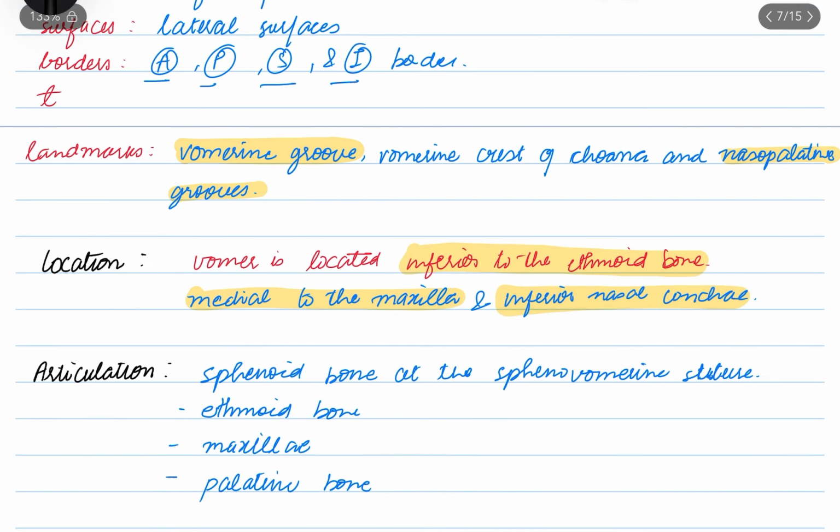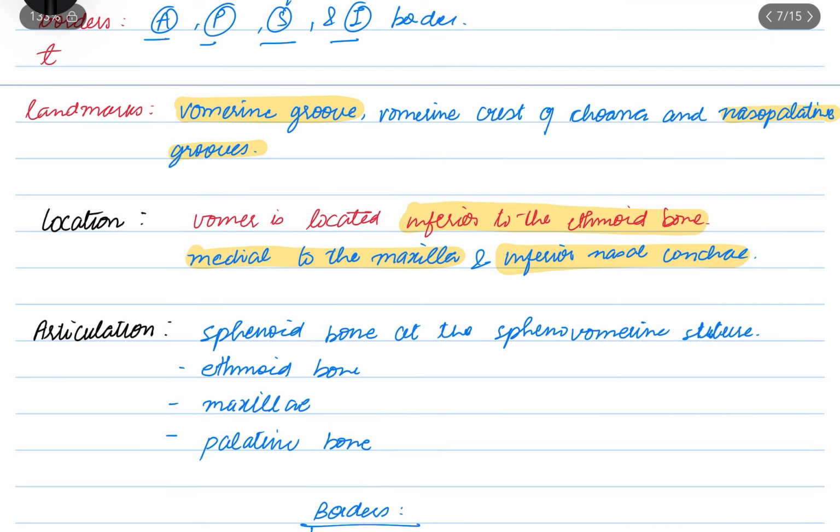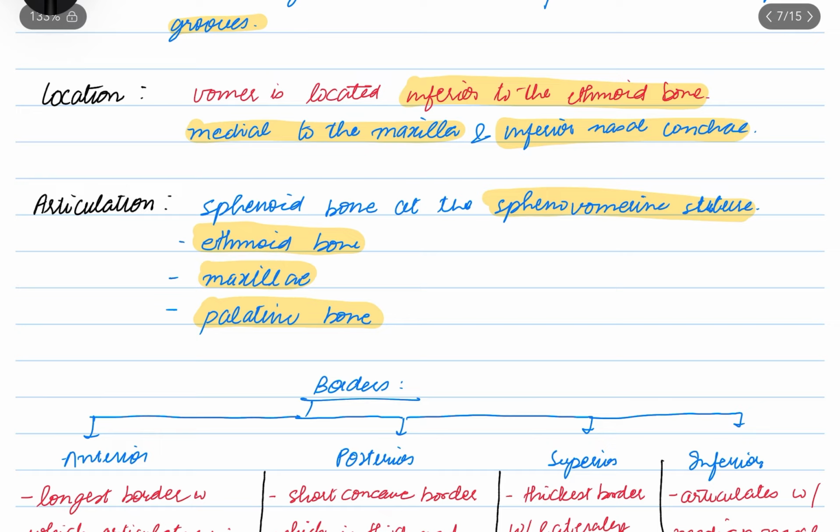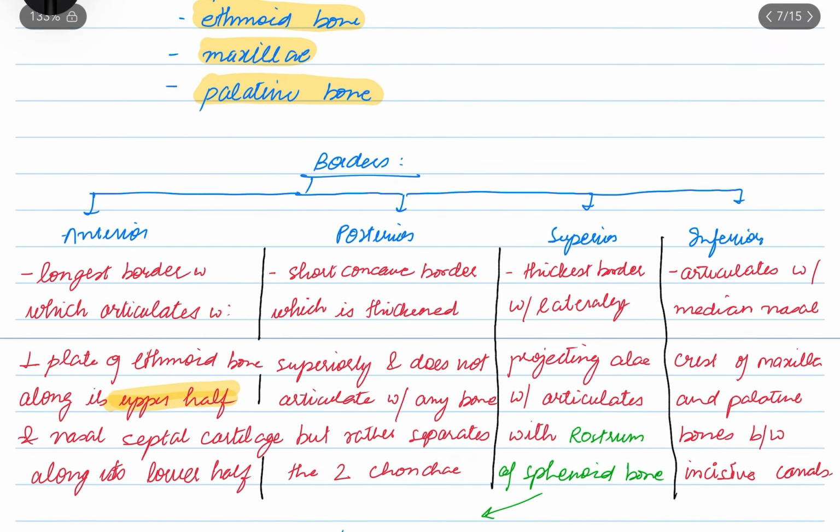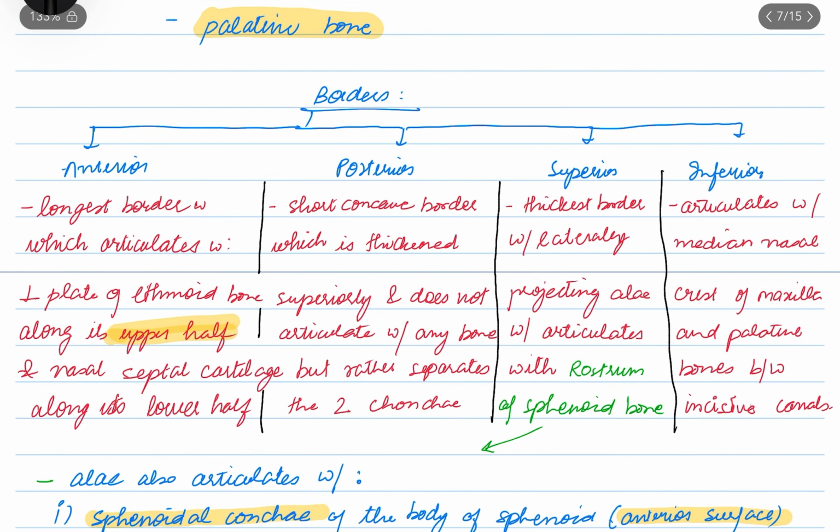Now the articulations of the vomer bone: it articulates with the sphenoid bone at the spheno-vomerine suture, the ethmoid bone, as well as the maxillae and the palatine bone. Now the borders: anterior, posterior, superior and inferior.